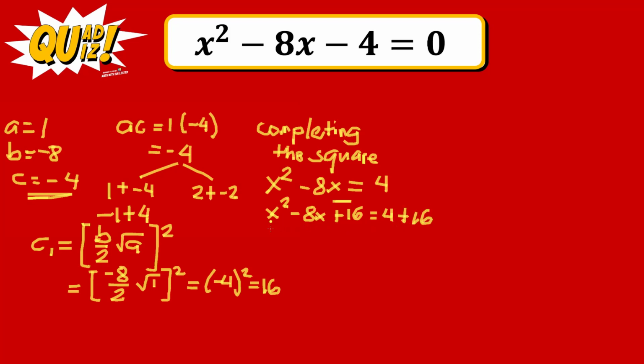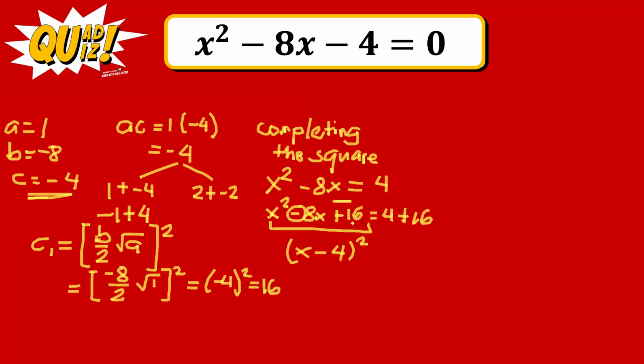This is now a perfect square trinomial, which could be shortened into a square of a binomial. By doing that, we are going to take the square root of the first term, x, the square root of the last term, 4, and the sign of the middle term, minus.